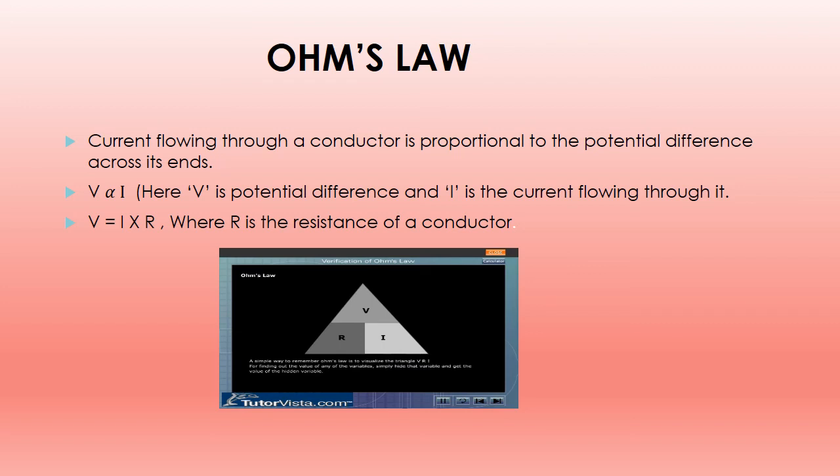For finding the value of any of the variables, simply hide that variable and get the value of the hidden variable. Thus, when we hide V, we get R into I. Hence, V is equal to R into I. Similarly, if we hide R, we get R is equal to V by I. And if I is hidden, we get I is equal to V by R.